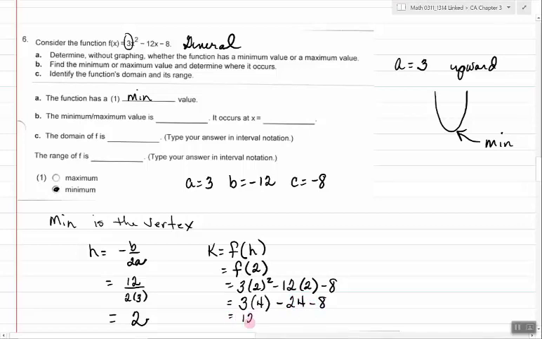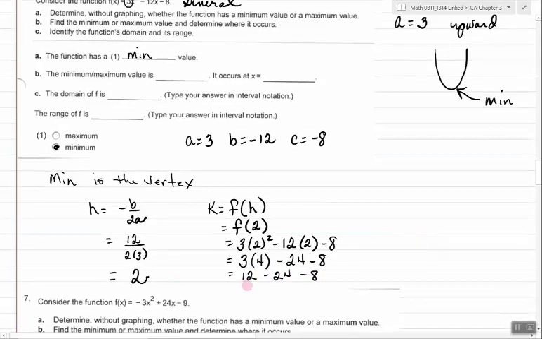So that's 12 minus 24 minus 8, which is -20. I did all of that by formula. I have found that the vertex is 2, -20.